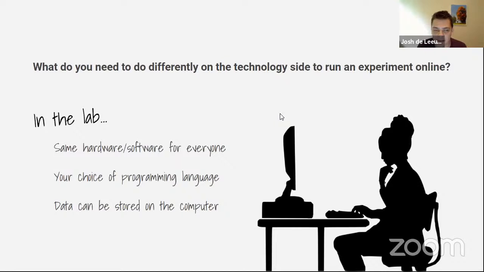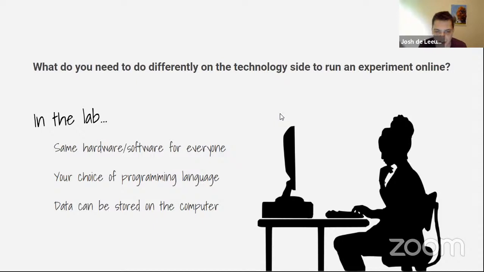So in the lab, for example, you might have a single participant who comes down and sits at the same computer that everybody else does that's working on your experiment. So you have the same hardware and software configuration for everyone taking part in the experiment. You also have an enormous flexibility of choices of programming languages. You could choose to write your experiment in Python, or you could use a package like E-Prime.